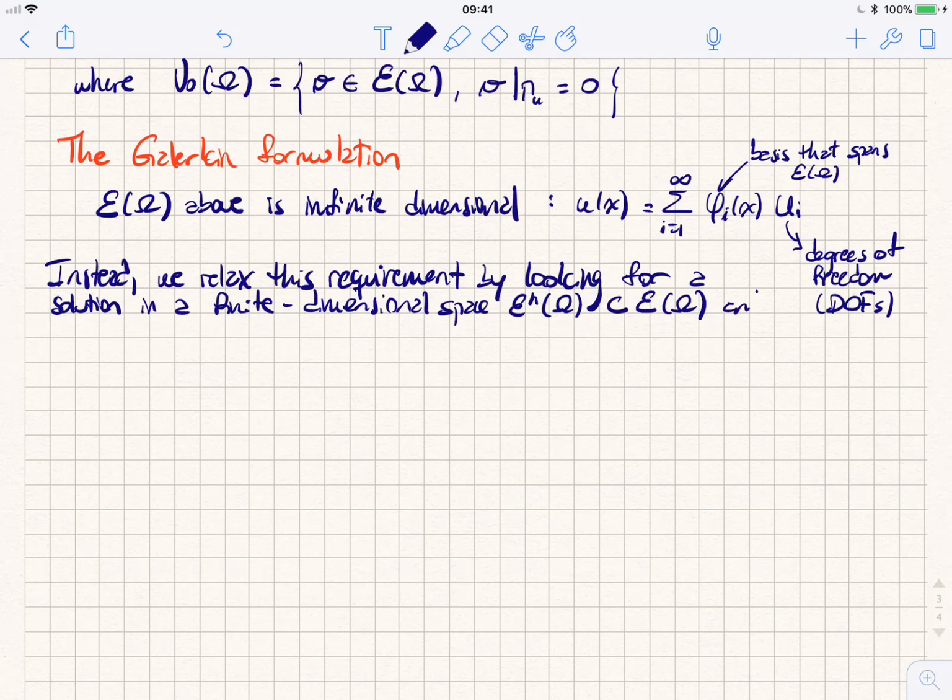And we accept, as we said, that there may be an error.